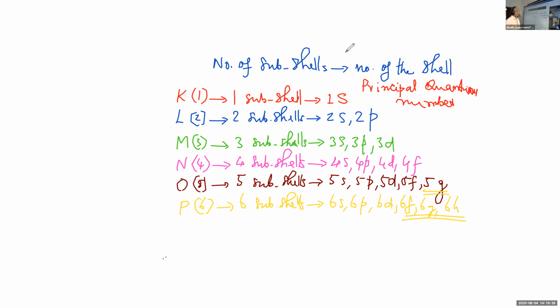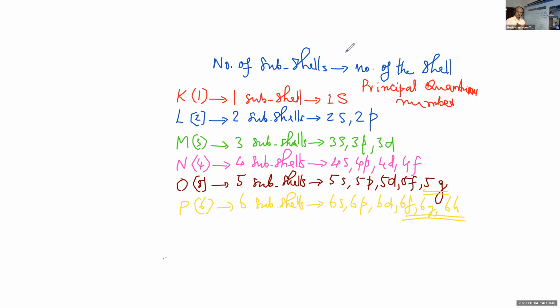Okay. So, let me repeat what I have taught you so far. First of all, the shells or orbits are divided into the subshells. Then, the subshells are divided into the orbitals.